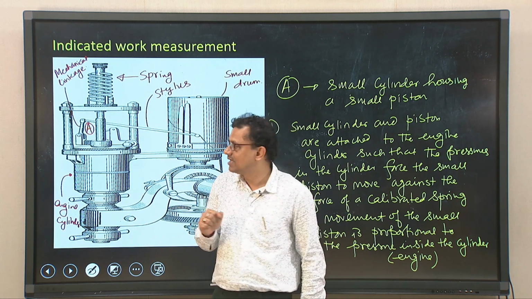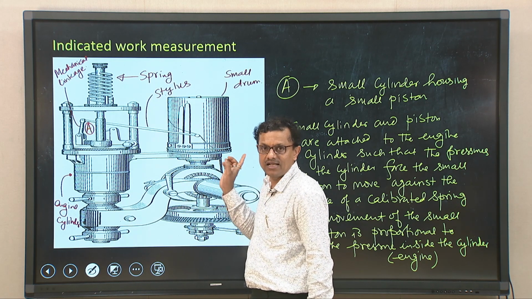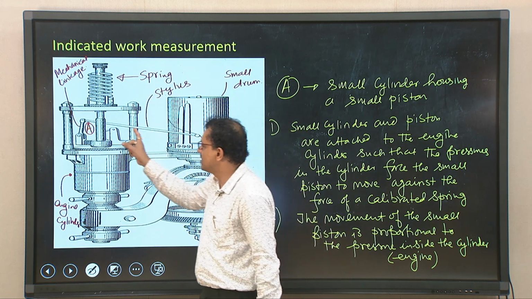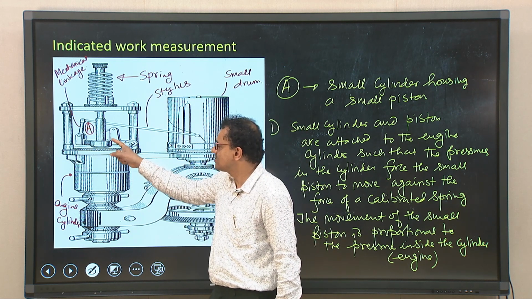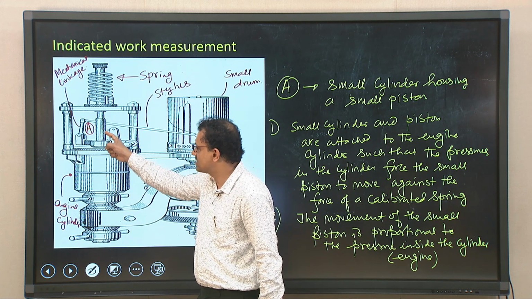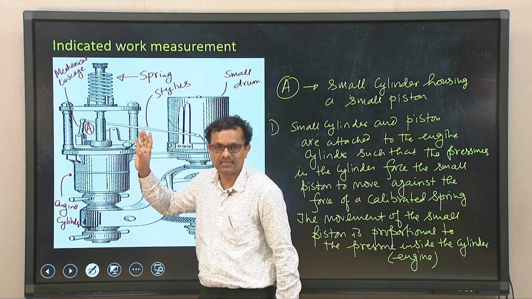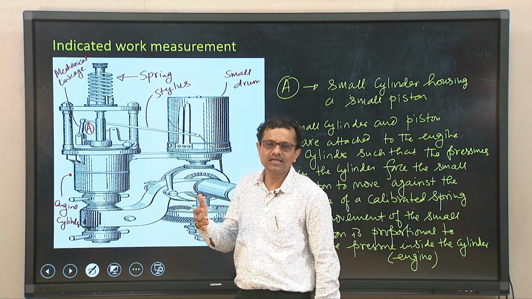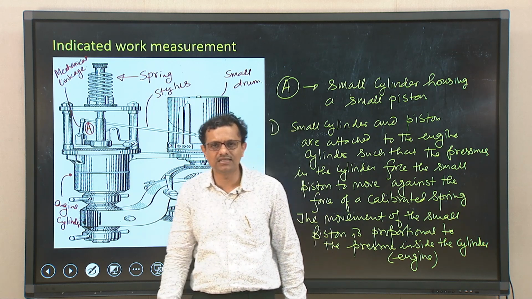Number 2, obtaining this indicator diagram depends on the efficacy of the mechanical linkage, because movement of the small piston is transmitted to the stylus through this mechanical linkage. If the engine is having very high speed, the mechanical linkage will have some inertia, any mechanical device has some inertia.